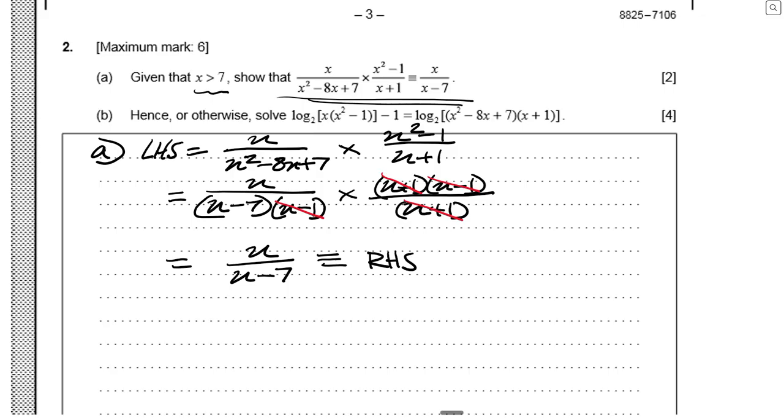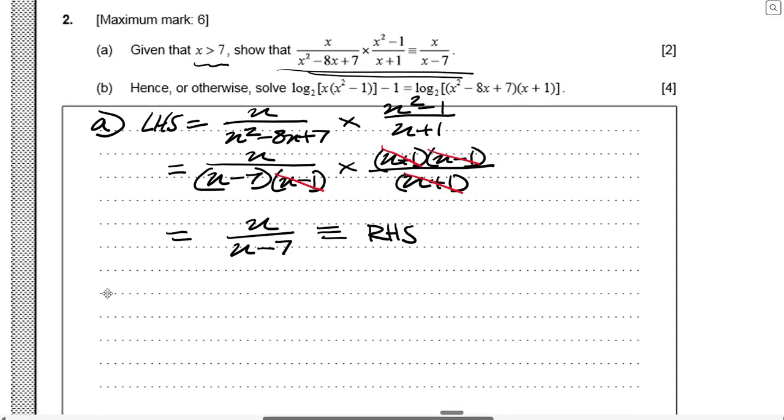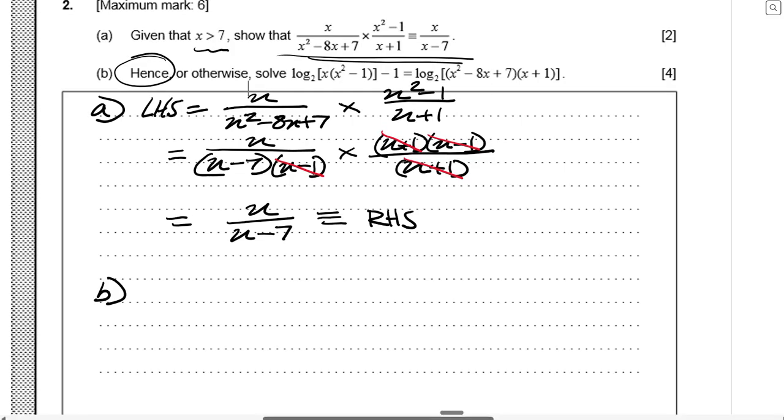Now on to B. We're told hence or otherwise. So when they say hence, we should be using what we learned here. Solve for this. Okay.